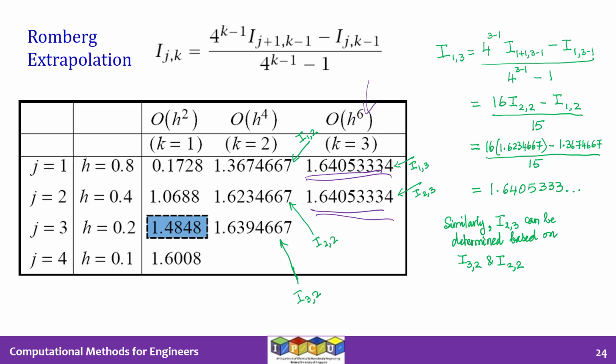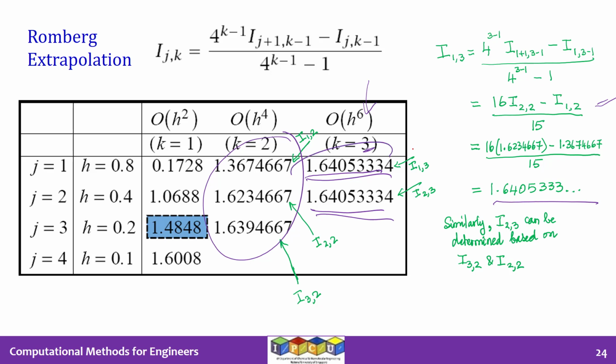If you apply k equal to 3 here, because it's the third column, you get 16 times some I minus some I, divided by 16 minus 1, which is 15. If you apply it to j equal to 1 and k equal to 3, you get this formula. Then if you put in the corresponding values from this column, you get this value.